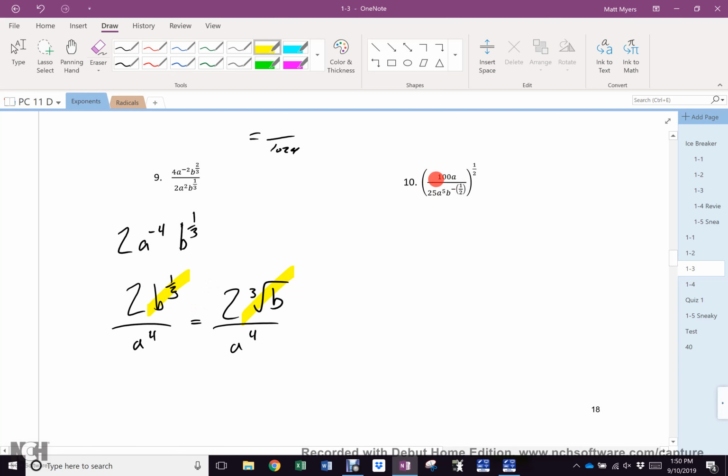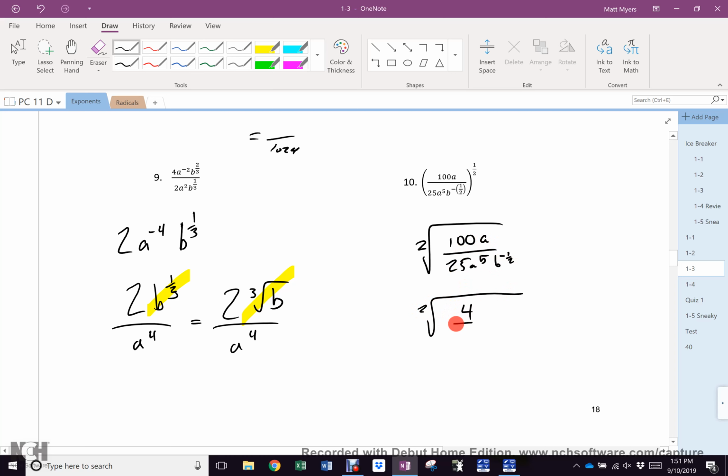I hope you do the same thing as you would do in 8. Would you take the square root of everything there? Okay, well, some of that should bother you under there. What bothers you? I see a negative exponent, and don't I see 100 over 25? What's that? What's 100 divided by 25? 4.